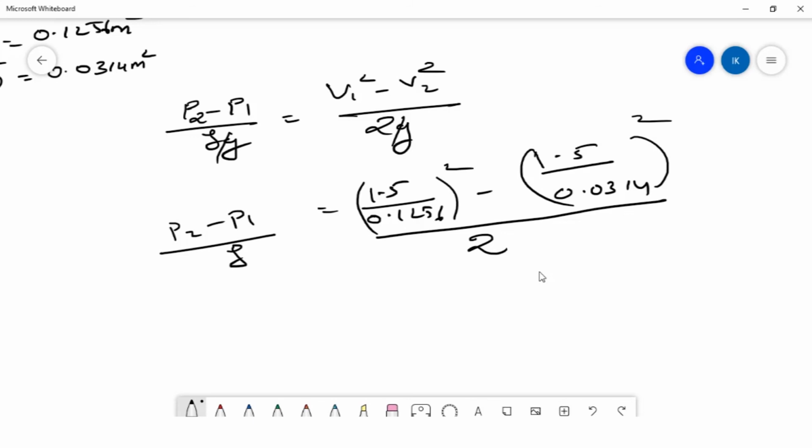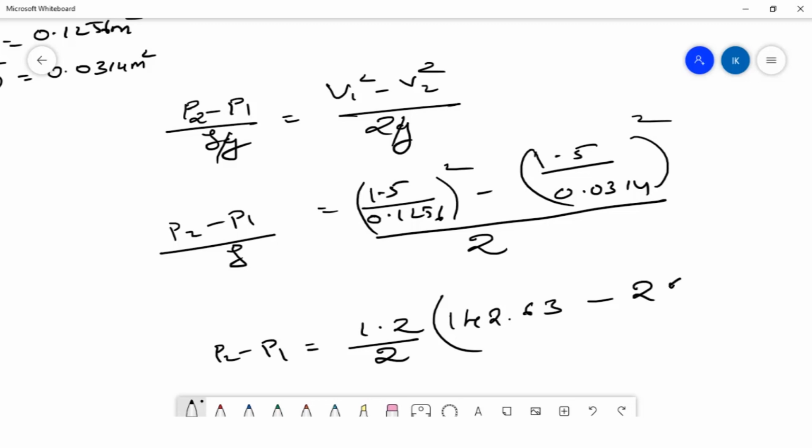So taking density to this side, we'll get P2 minus P1 equal to 1.2 divided by 2 into, this is nothing but 142.63 minus 1.5 whole square divided by 1.5 divided by 0.0314 whole square, is nothing but 2282.04.